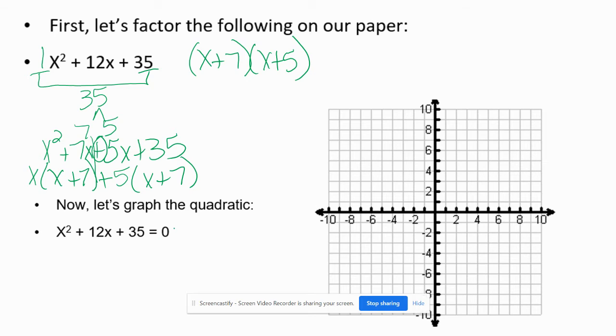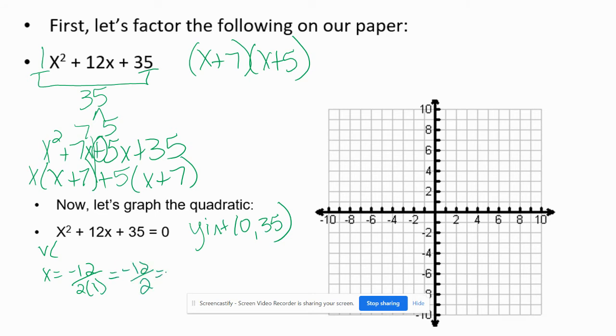So now if we graph this quadratic, well, again, what do we know? We know that our y-intercept is at 0, positive 35. Great. For our vertex, negative b, which is 12, over 2 times a, or 1.